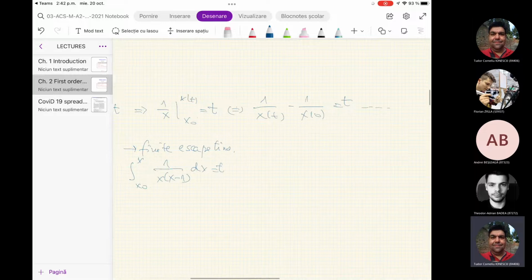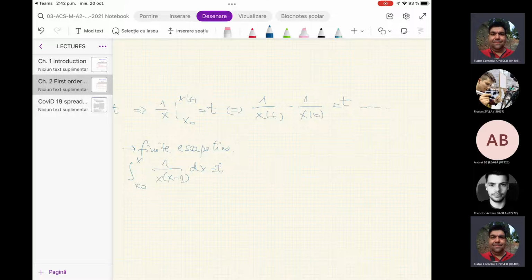You split this into simple fractions. So this is the integral from x0 to x of 1 over x minus 1 minus 1 over x. Correct? This is correct.